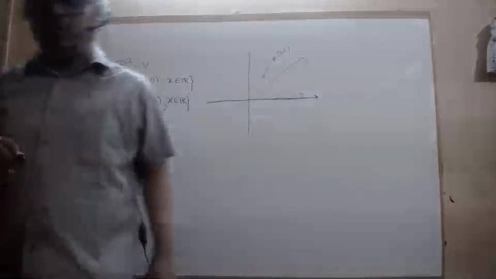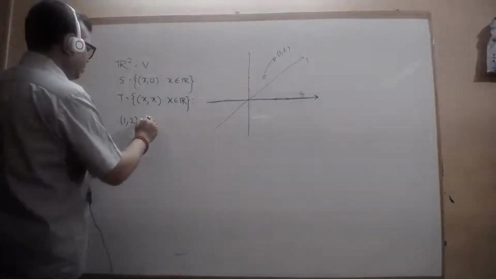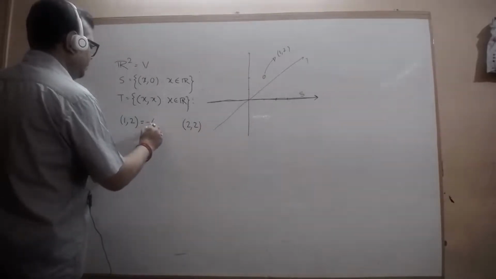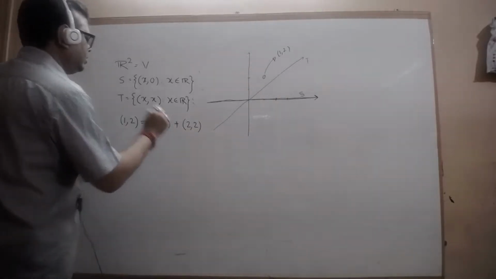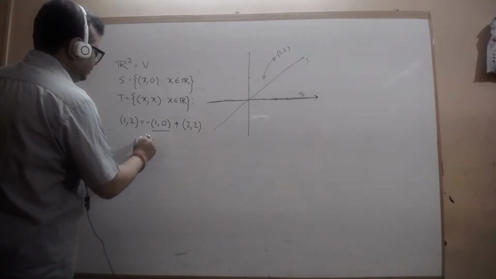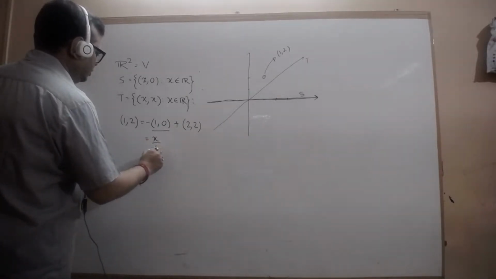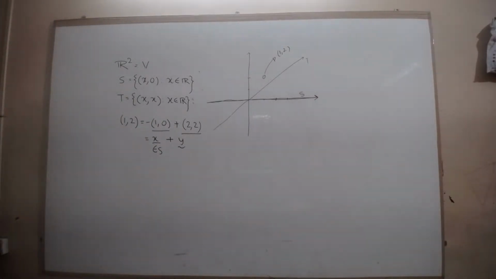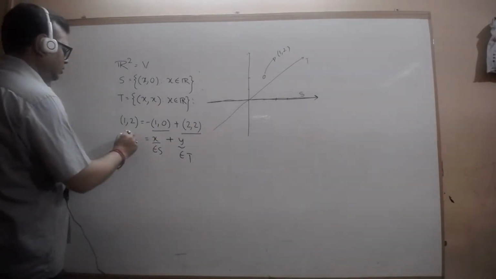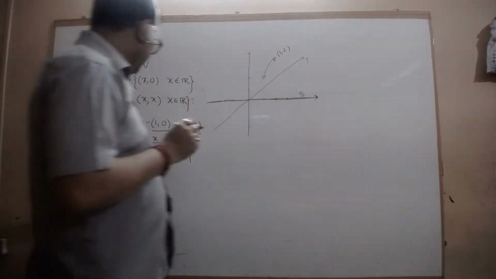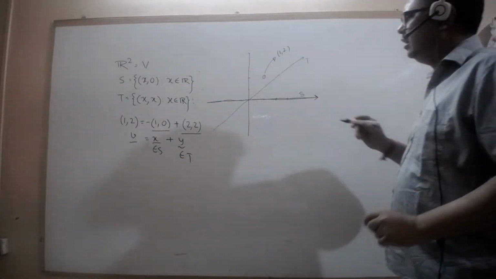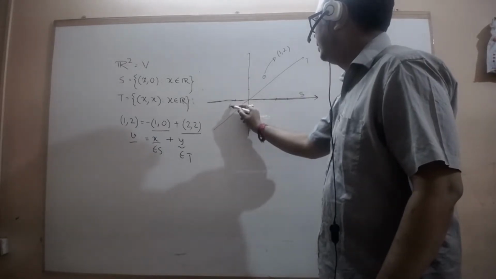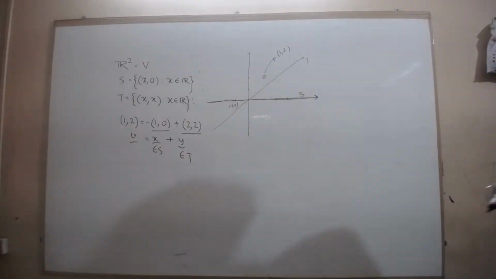Now this (1, 2) is nothing but the sum of this vector, which is your x curl belonging to S, and this, y curl, belonging to T, and this is your v curl. So x curl lies here. This is (-1, 0).